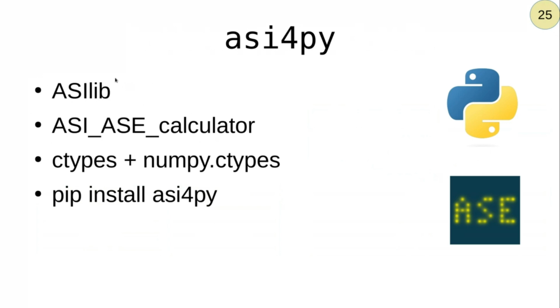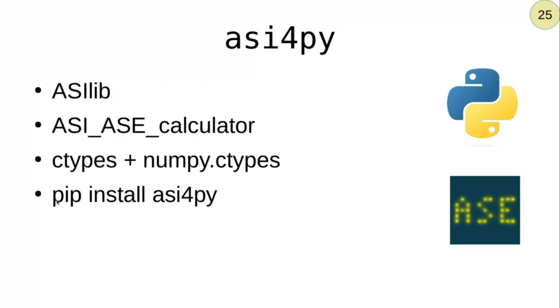It's actually a wrapper around ASI lib that simplifies setting up calculations. It actually reuses inside the FHI AIMS calculator and DFTB Plus calculator from the ASE framework. For interoperability between Python and C code, we used the ctypes and NumPy ctypes libraries from Python.